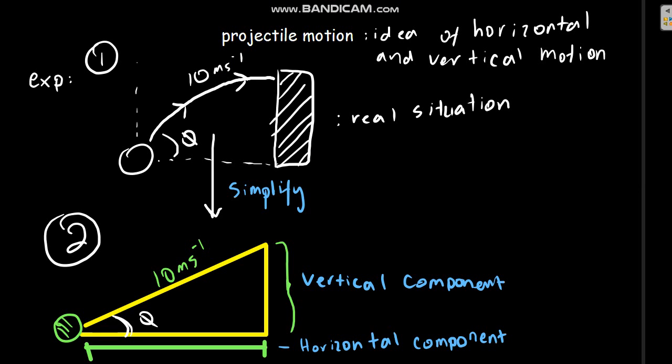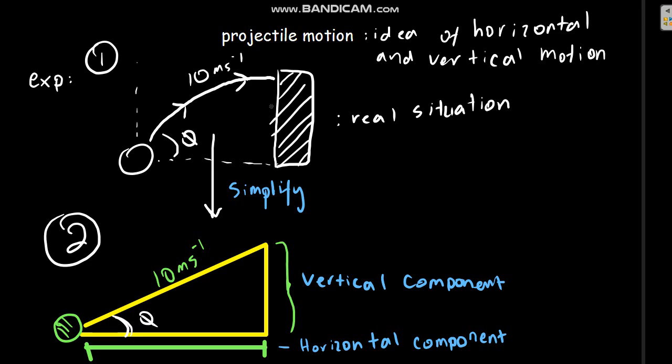Now finally, we're going to talk about the last topic in this chapter, which is projectile motion. Projectile motion is the idea of horizontal and vertical motion. An example from the exam paper: a ball is kicked at a specific angle, moving at a velocity of 10 meters per second, and it's going to hit a wall.